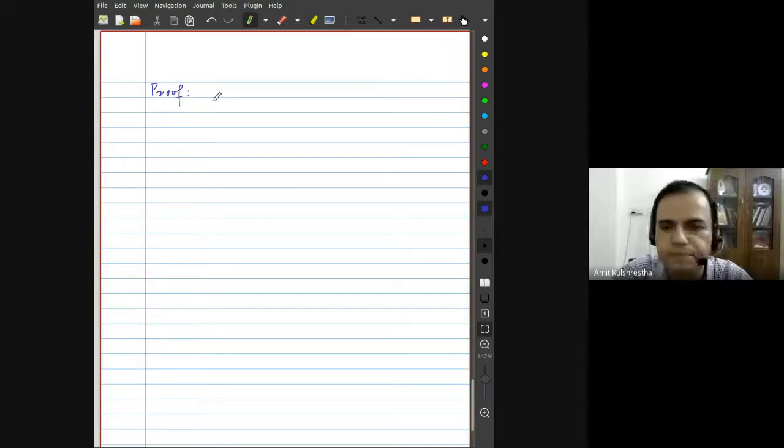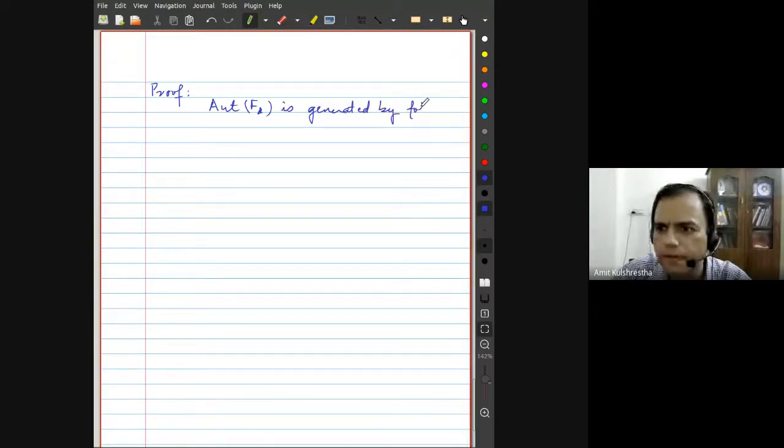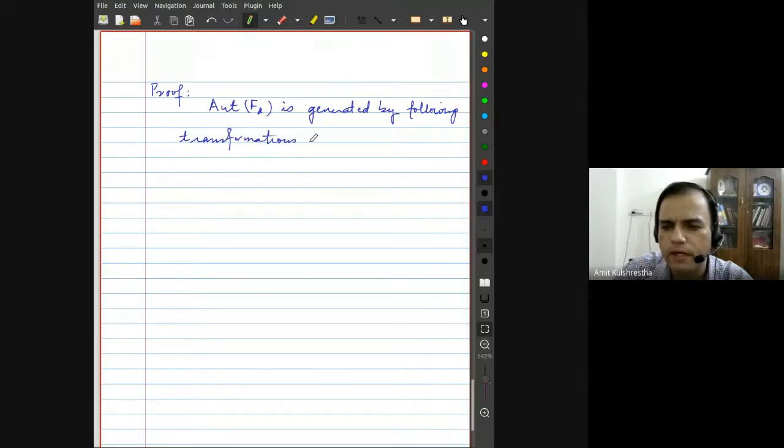So for the proof, we explicitly try to understand automorphisms of the free group. This is generated by the following transformations, transformations of symbols, if you allow me to say that. So what are those? First is switching. Switching means xi, xj, you just swap them.